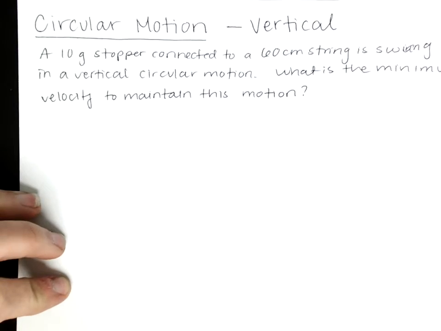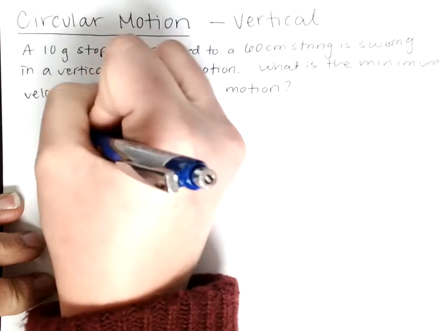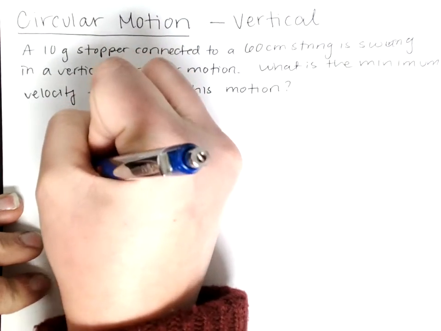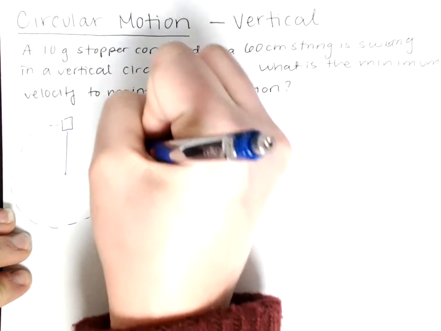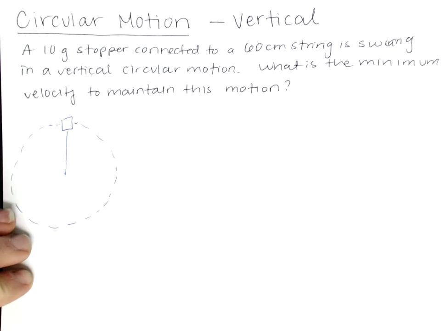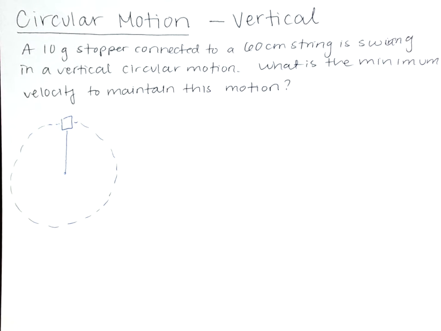Okay, so let's start off with a picture. So we have our stopper, and it's going in a circular motion. This is similar to when I showed you in class yesterday about spinning the ball in a vertical motion.